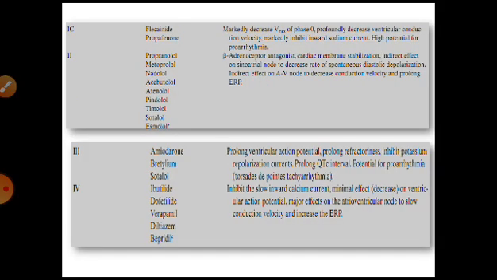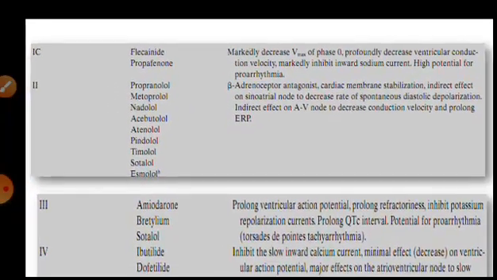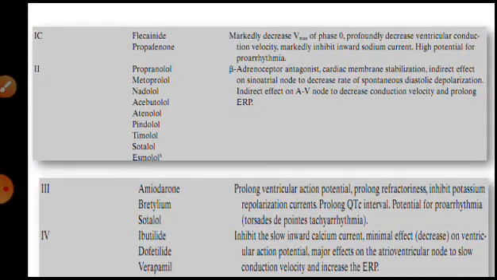Now we can move to 1C. It also has subclasses: 1C2, 3 and 4. The first, 1C, has flecainide and propafenone. The second has propranolol and metoprolol.